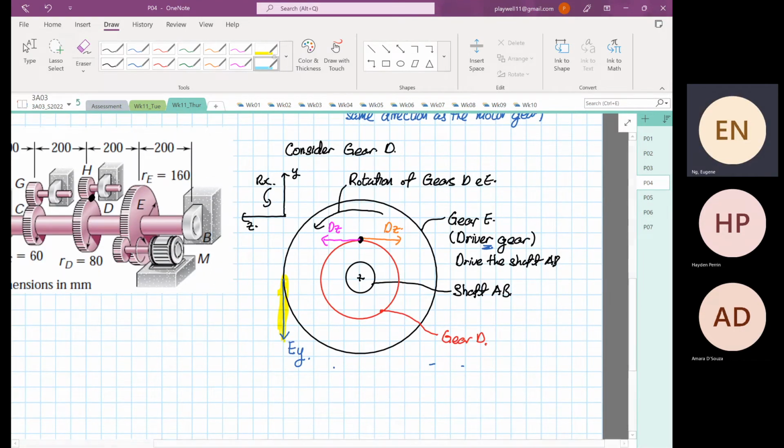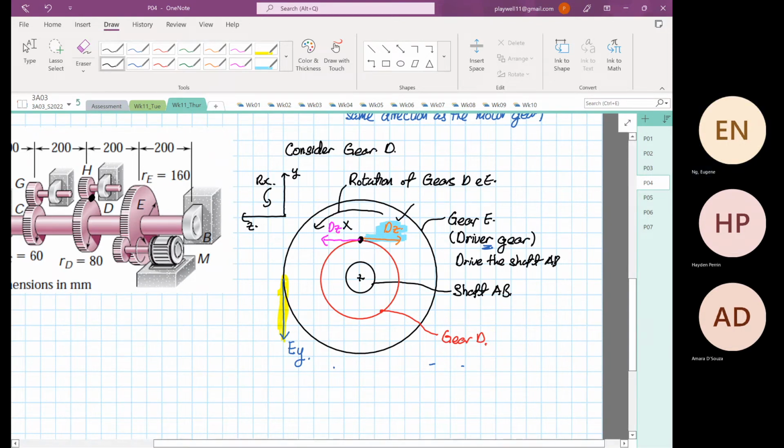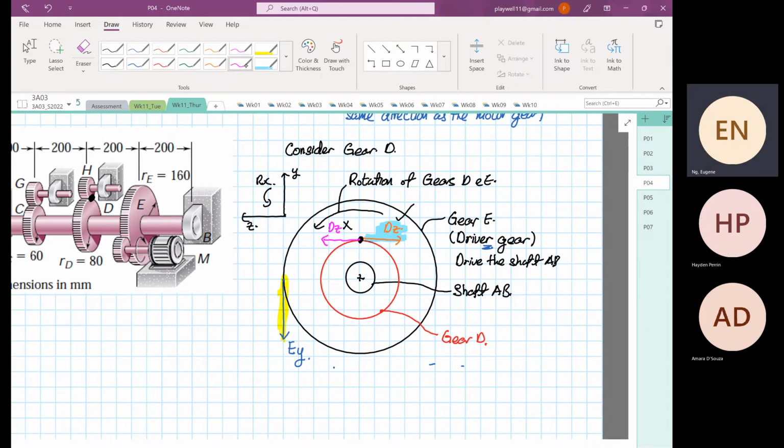The correct one is this direction. This is the correct one. It's opposing the force applied in EY. Okay. And this is wrong. Right? Why? EY over here is the driving force. Right? EY is the driving force or driver force.